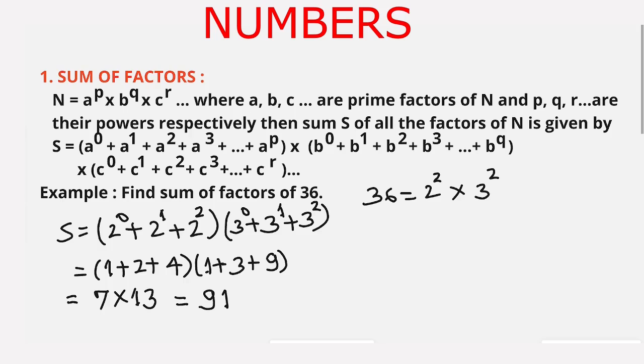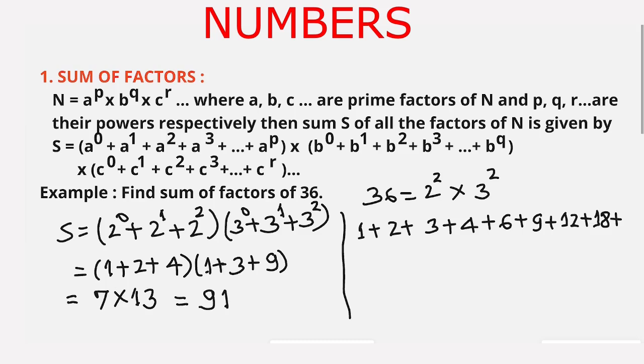Now we verify it. All the factors of 36 are 1 plus 2 plus 3 plus 4 plus 6 plus 9 plus 12 plus 18 plus 36.